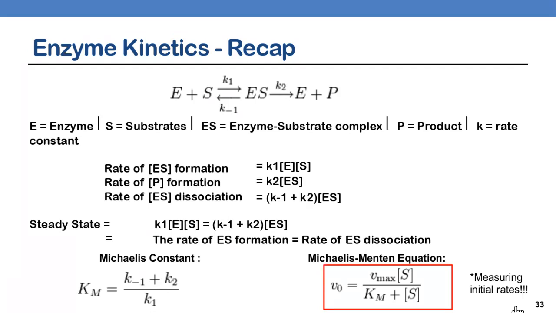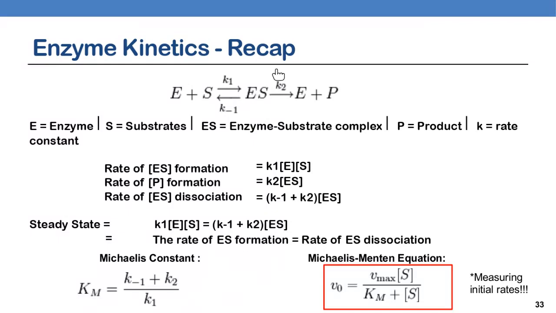Someone says, can you repeat what you said about K2 being slower? Okay, so this is part of the steady-state assumption, is that the rate of formation is going to equal the rate of dissociation. The thing is, though, you're going to have two different rates of dissociation. So one of these is going to have to be slower, if you think about it, in order for those two to equal each other.